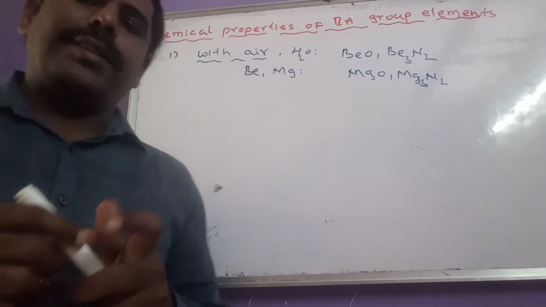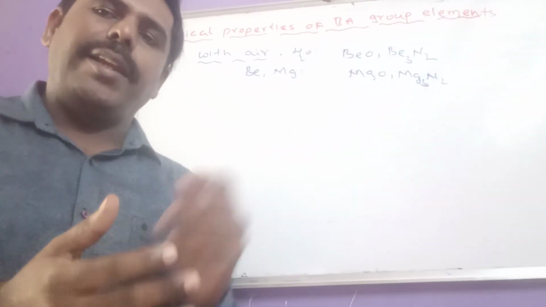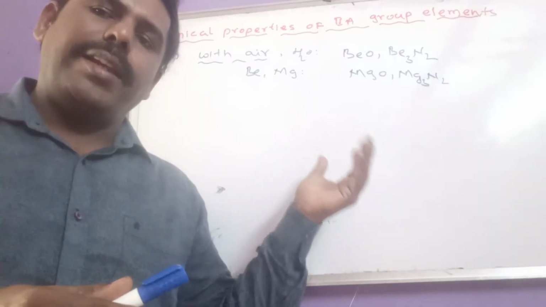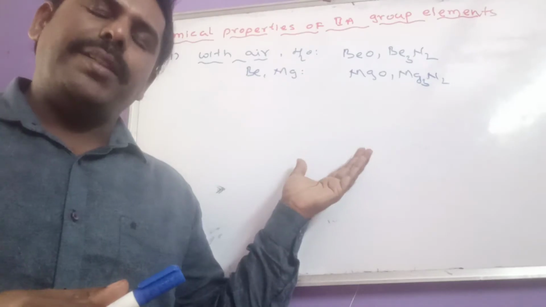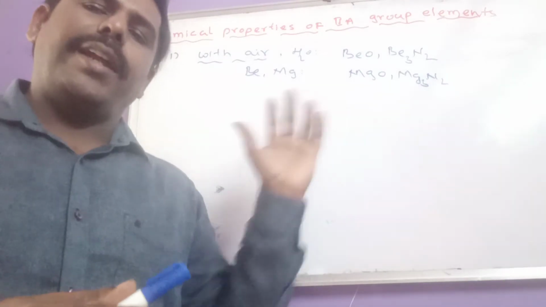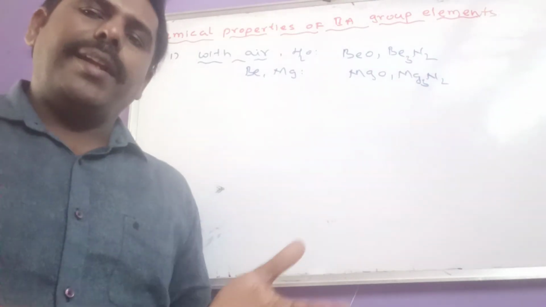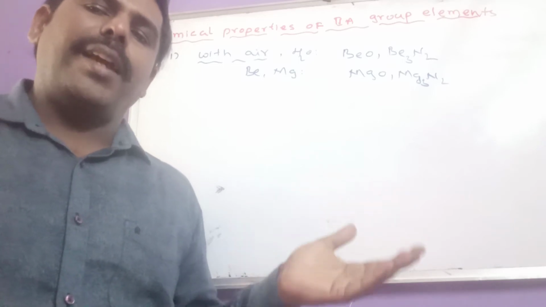So why these? In powdered state they are highly reactive, but in normal state they are very inert. They show inertness to reaction with air, that means with oxygen and nitrogen. But the remaining alkaline earth metals readily react with air and produce oxide and nitride.